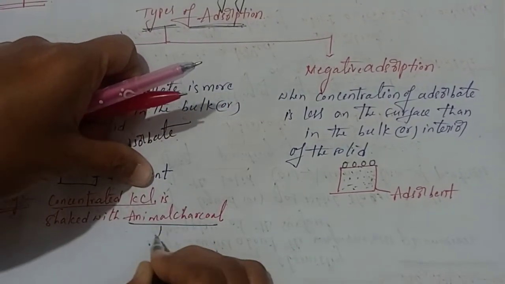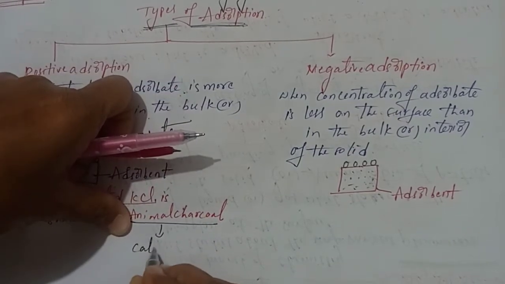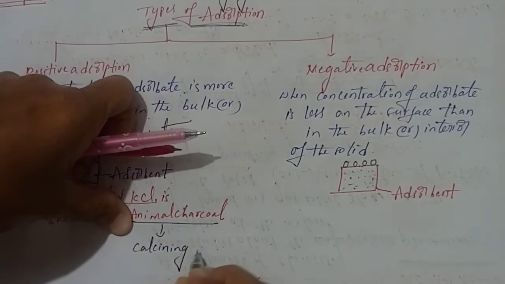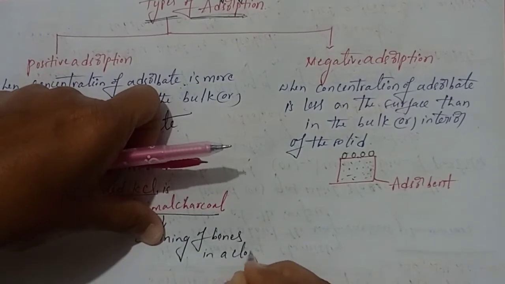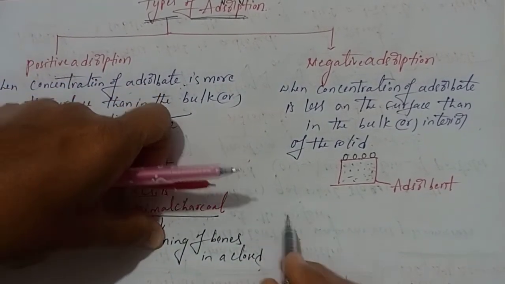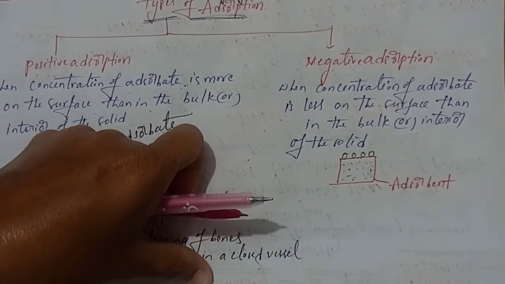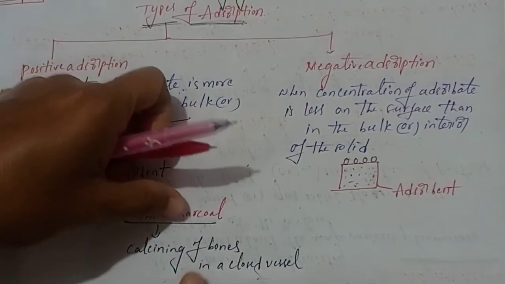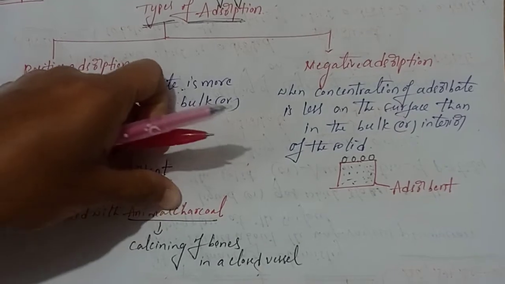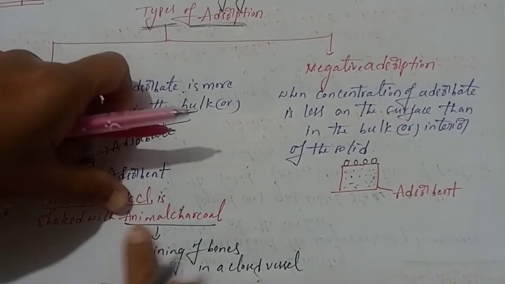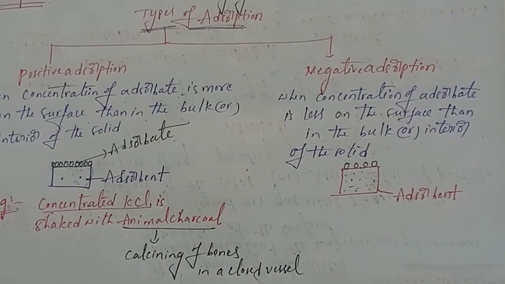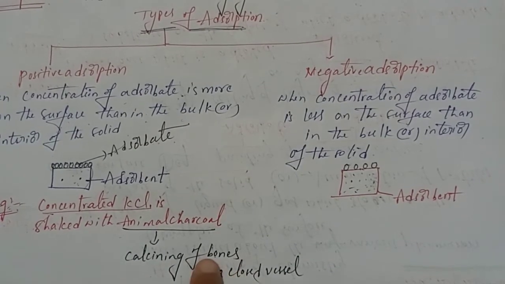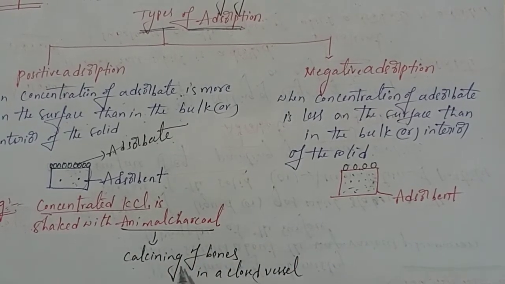Animal charcoal is obtained by calcining of bones in a closed vessel. It is nothing but animal charcoal, students. Understanding? Which bones? Animal bones.